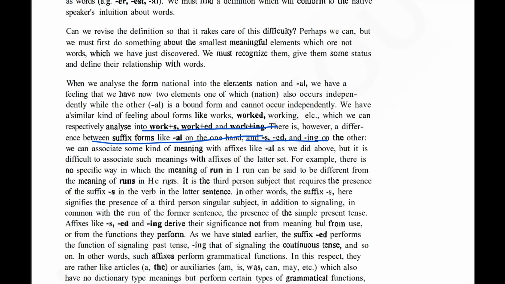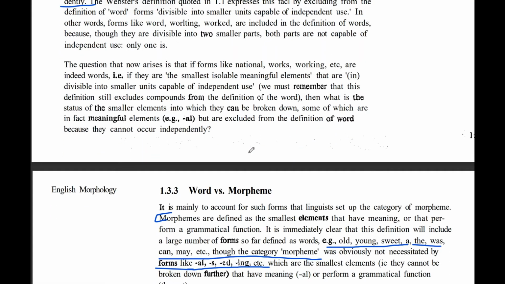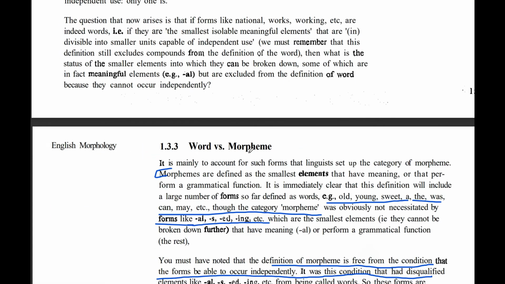So when I say works, worked, and working, these are of course words, but we have to understand the difference between word versus morphemes. Morphemes are defined as the smallest elements that have a meaning, or they have a formal grammar function.